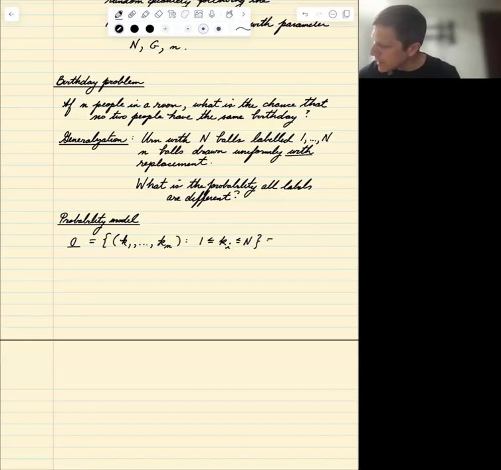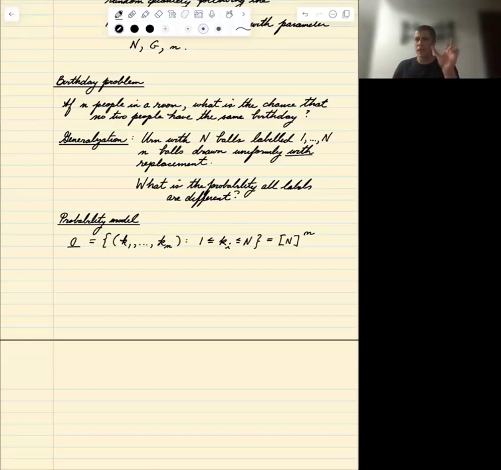This can be expressed as the set [N], remember, that's our notation for the set of the first capital N integers, raised to the power n. So the first entry is anything between 1 and capital N, the second entry anything between 1 and N, up through the nth entry, anything between 1 and capital N.